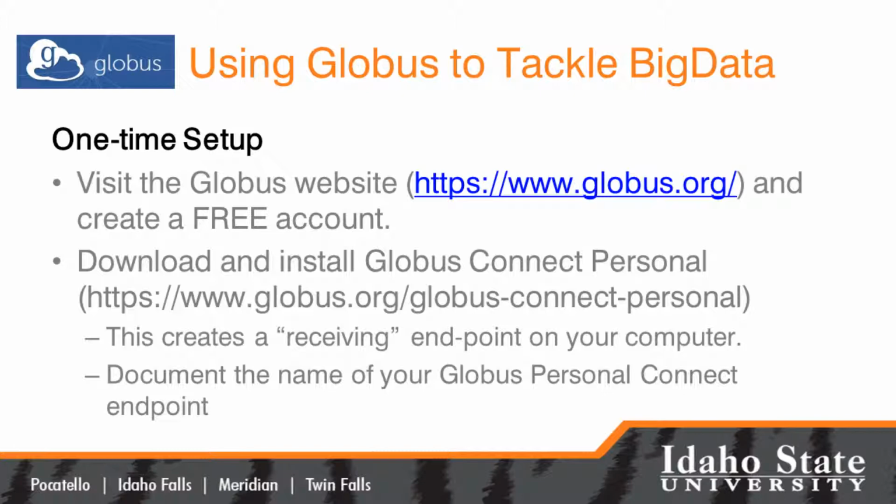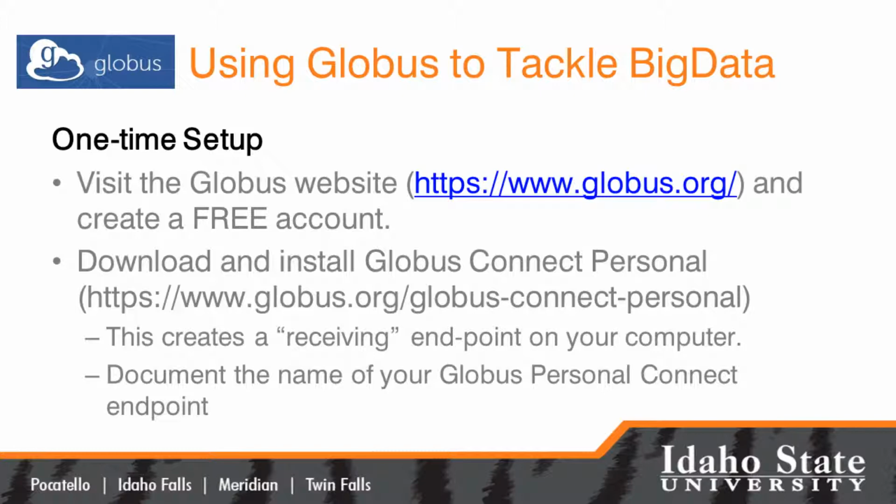Now, when you're creating that account, one of the things that I recommend is to document the name that you're giving to your Globus Connect Personal endpoint. You can create numerous endpoints and give them different names if you want to. I don't do that. I just have one name for my workstation.